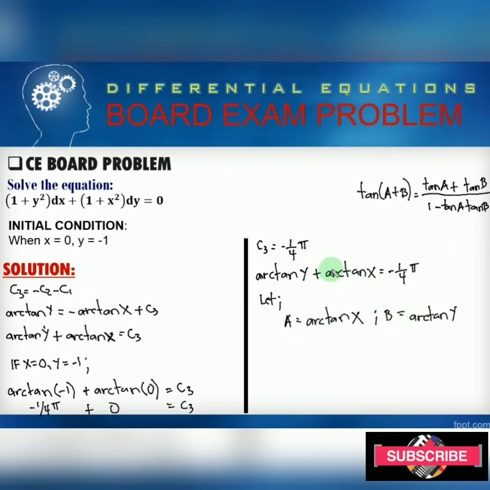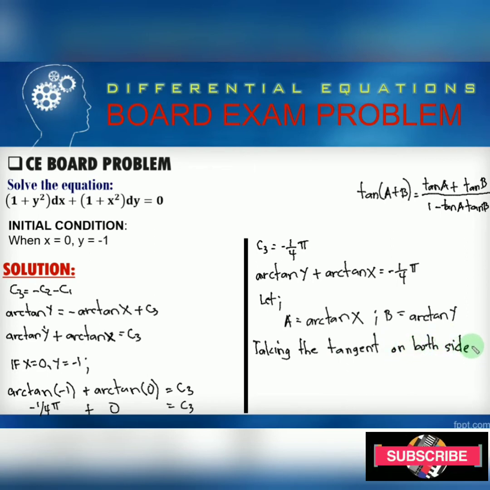So therefore, this would be a plus b, and taking the tangent on both sides.